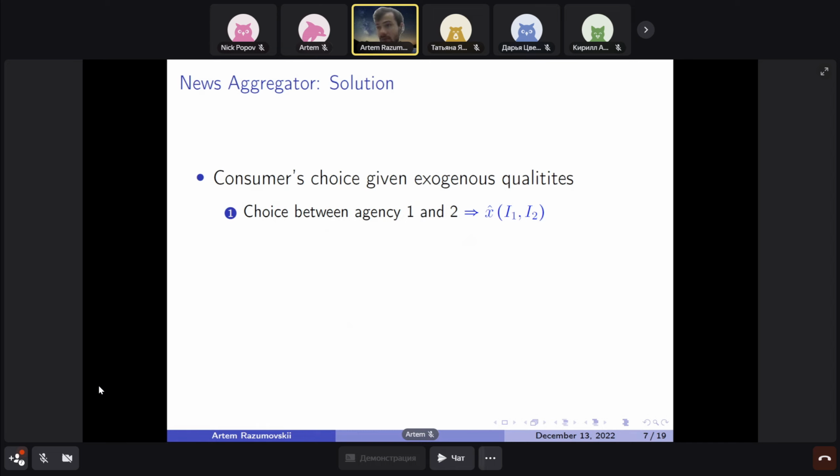So that's kind of the previous model, but even a bit easier. But then if we are thinking about the aggregator, what would you assume, how will the agents be divided between agencies and aggregator? What would be your guess?